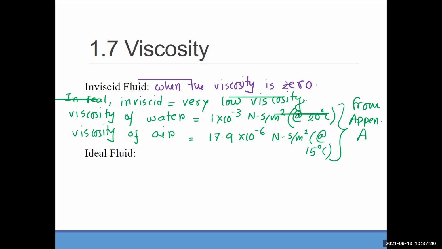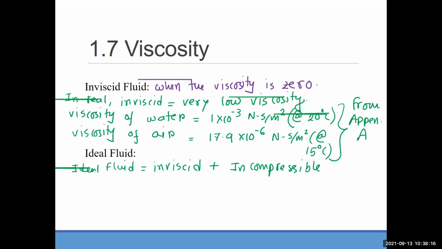Okay. Now, there is another type of fluid which is called ideal fluid. So, ideal fluid is when it is inviscid and incompressible. Do you remember what is the characteristic of an incompressible fluid?